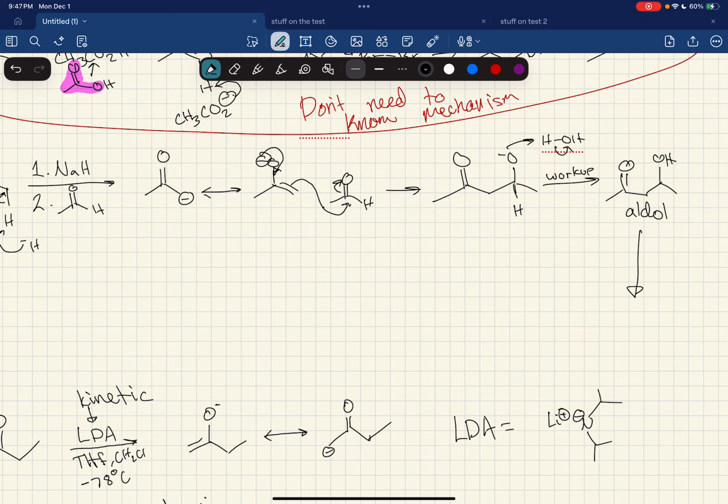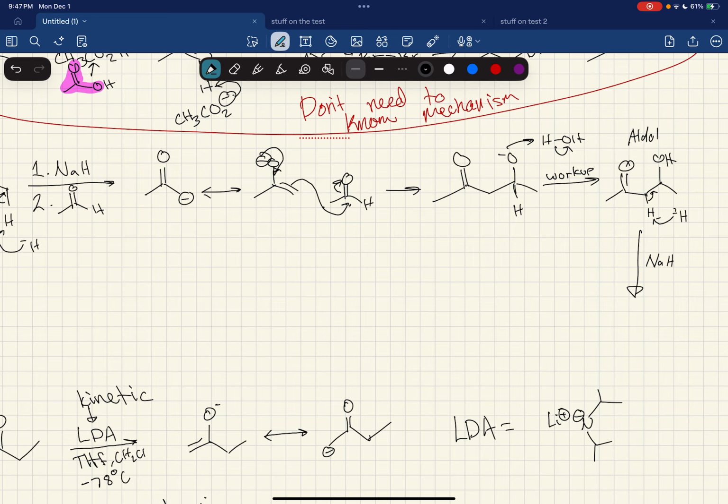Well, if you keep adding a base, you can actually do an elimination reaction. So we'll just say you added more base. The most acidic hydrogen will still be right here in the middle, and it's going to come in and attack that.